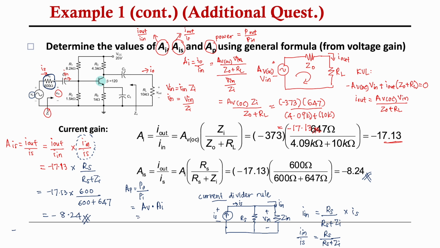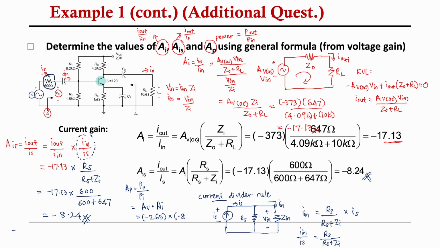We can simplify it like this because for the voltage we have considered output over input, and for the current as well, output over input. To find power, we know power is voltage multiplied with current. So we can just use the voltage gain multiplied with the current gain that we have calculated earlier. So you will get negative 265 multiplied with negative 8 point.